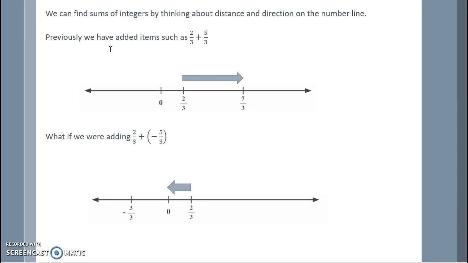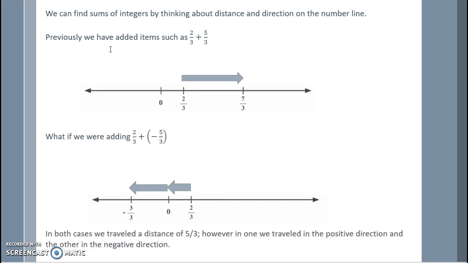So to go from 2/3 to 0 is 2/3 distance, and I need to go 3/3 more, continuing that direction. In both cases, we traveled a distance of 5/3. However, in one direction we traveled positively, and in the other we traveled negatively. And once we approached 0, we had to think a little bit about how that would be affected.